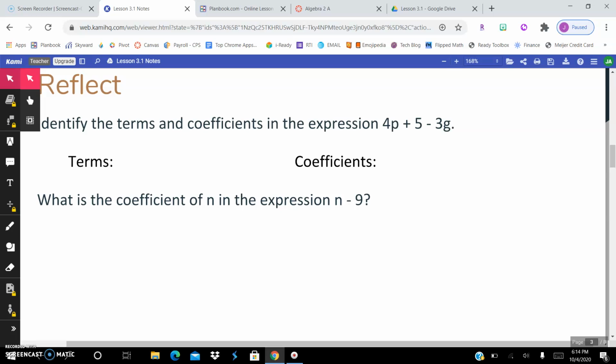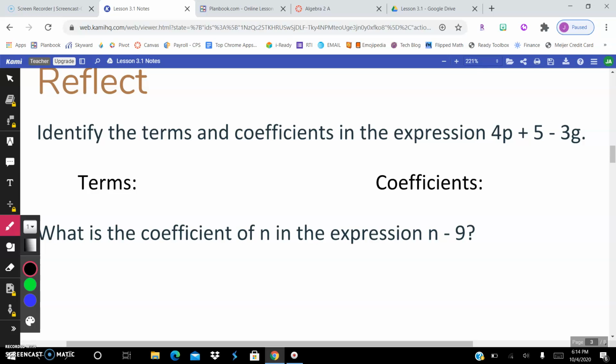So identify the terms and coefficients in the expression 4p plus 5 minus 3g. Well, the terms are what is separated by the adding or subtracting. So 4p is its own term, so that's one term.